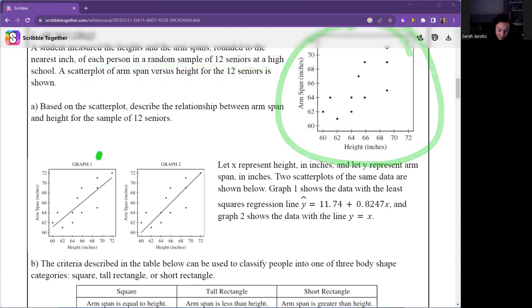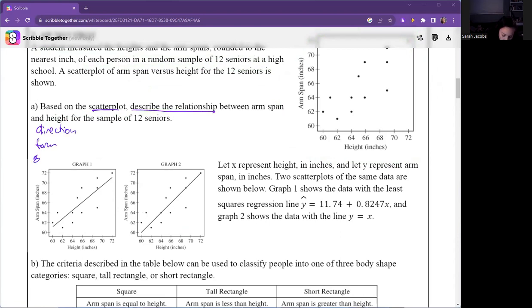Part A, based on the scatter plot, describe the relationship. Underline scatter plot and describe the relationship between arm span and height for the sample of 12 seniors. When we are describing scatter plots and describing the relationship between two quantitative variables, we need direction, form, and strength.